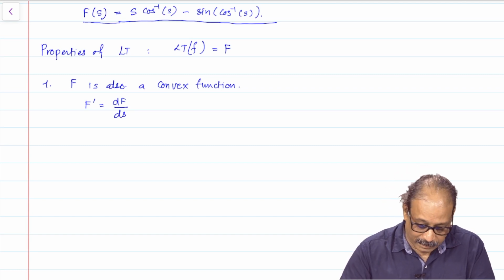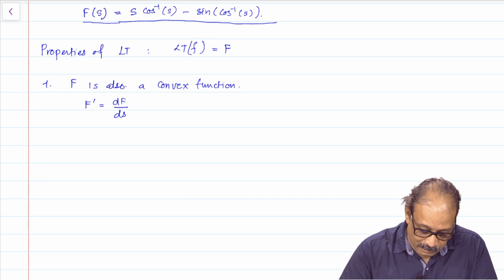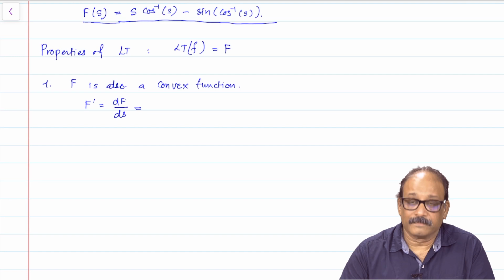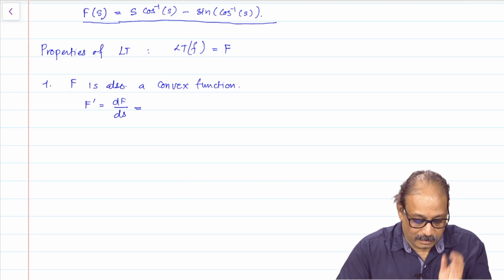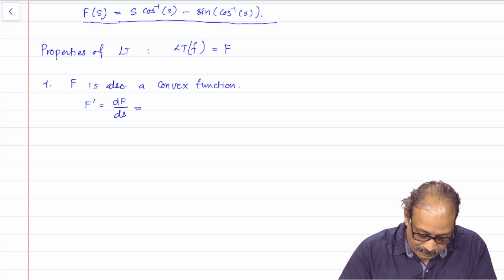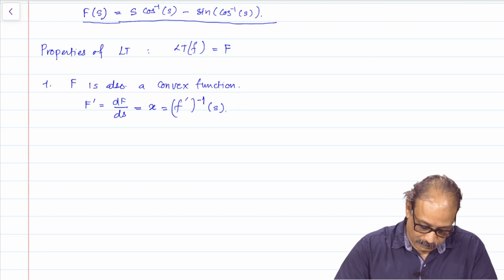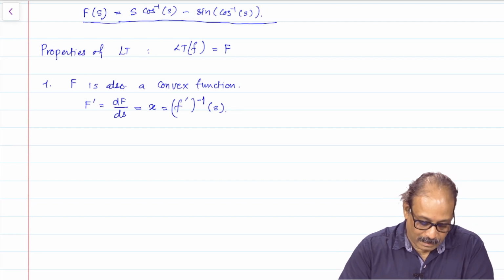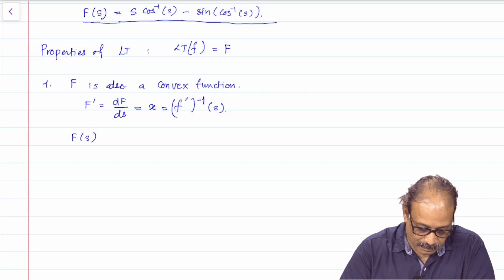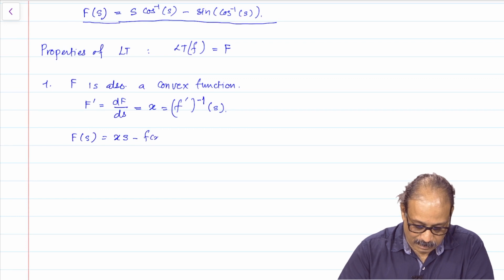So, in this case its argument is s, and this dF by ds is nothing but x, which is f prime inverse of s. So, let me prove that. We will start with F of s. This is nothing but x times s minus f of x.